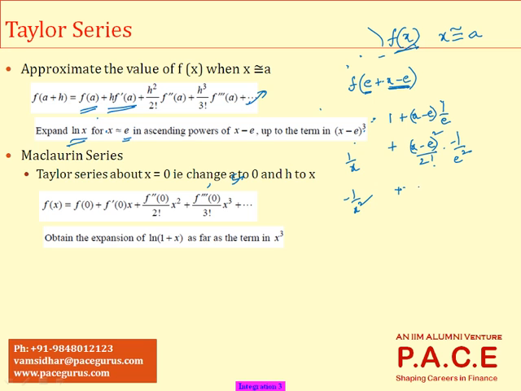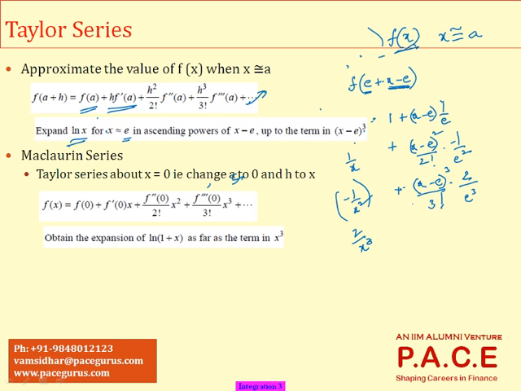Again, h cube, x minus e whole cube by 3 factorial. What is the derivative of minus 1 by x squared? 2 by x cube. So it is becoming 2 by e cube.